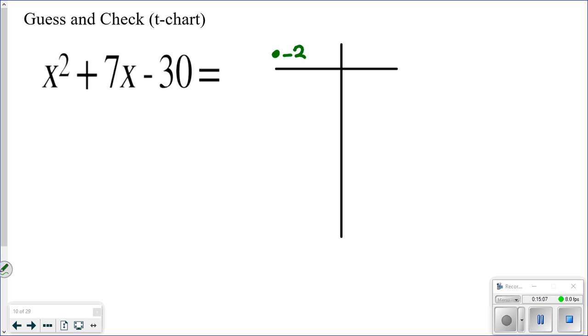Okay, so go ahead and take some time to figure out this question. Multiplying to get negative 30, adding to get a positive 7. Think about all the factors of 30. You can use your factor sheet or a multiplication chart.